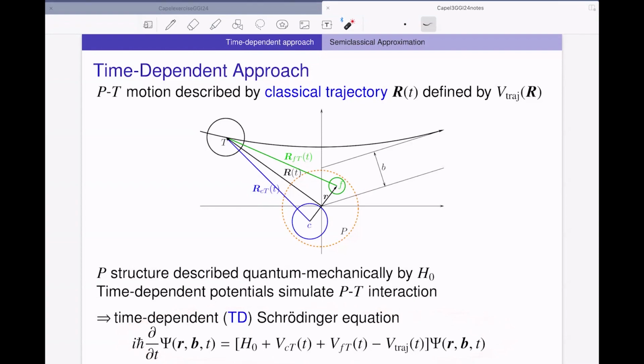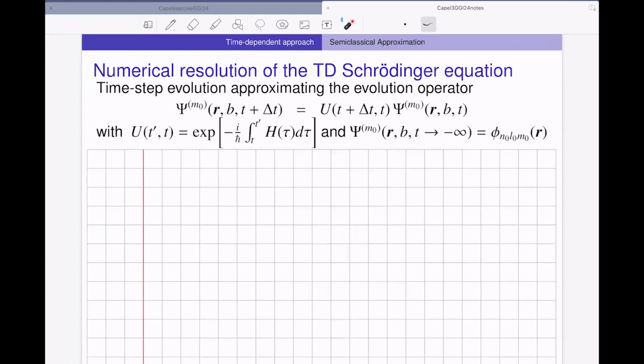So how do you do that? You can solve that approximately. You can do a first-order perturbation theory, but you can be more precise, and solve it exactly. And so what you do usually is you do an approximation of the evolution operator. So you assume that the wave function computed at time t plus delta t is obtained from the wave function at time t, to which you apply this time-dependent evolution operator.